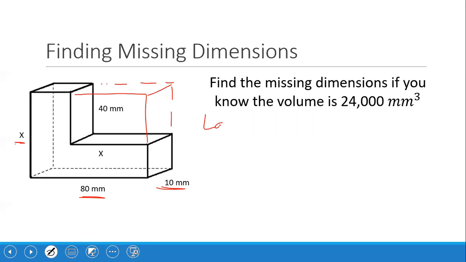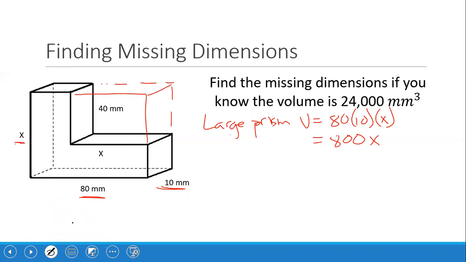So the volume of the large prism would be 80 multiplied by 10 multiplied by x. The 80 times the 10 gives us 800, so I have a total of 800x for that large prism.